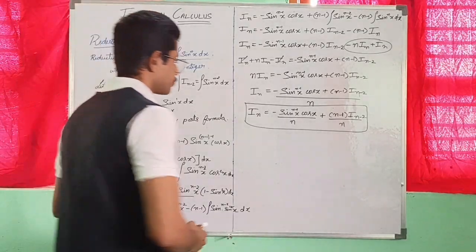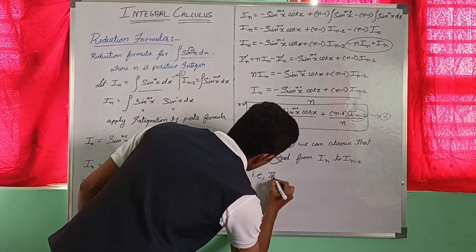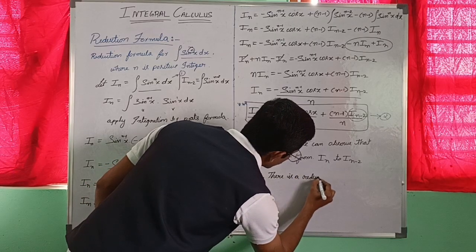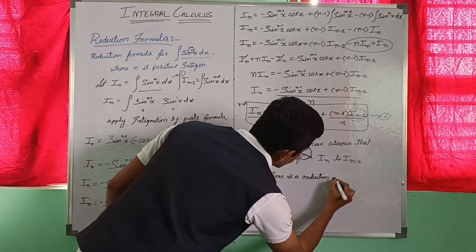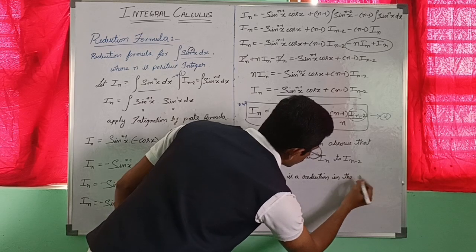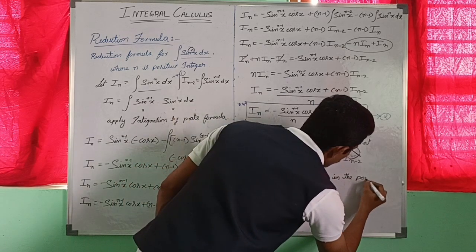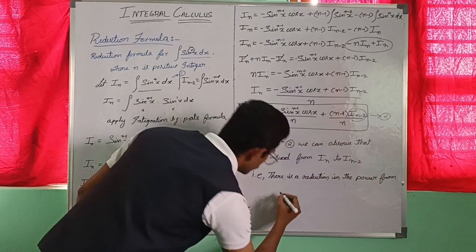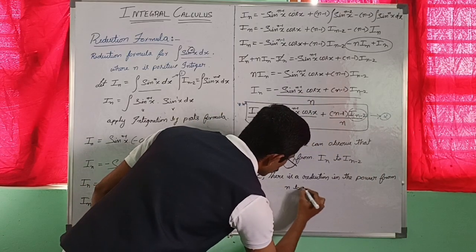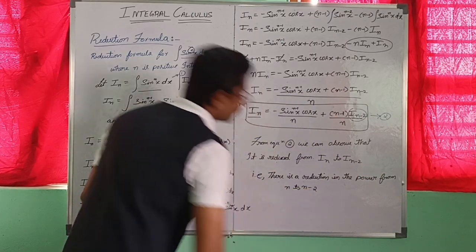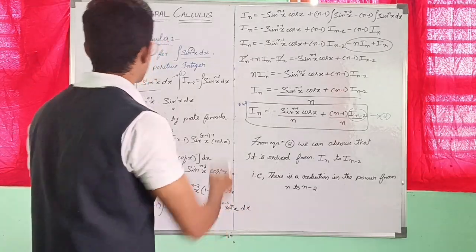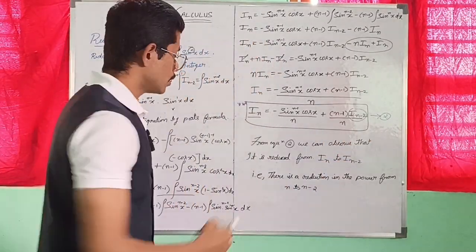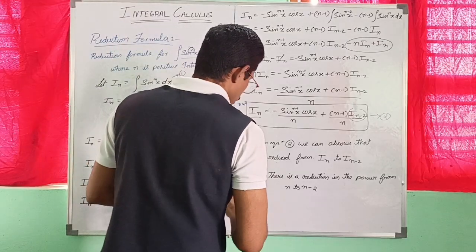There is a reduction in the power from n to n minus 2. Then there is a note here.